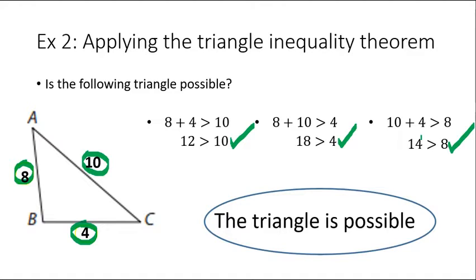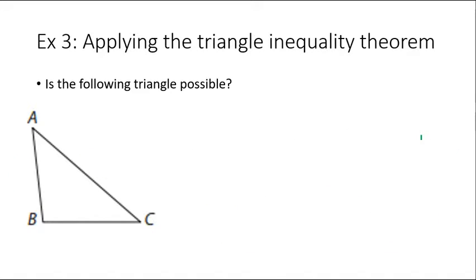Okay, let's get into example 3. In example 3, asking again, is the following triangle possible? So here's the side lengths they give us, 9, 7, and 18. So again, let's start off by checking 9 and 7 and see if that's greater than 18. So you have 9 plus 7 greater than 18.